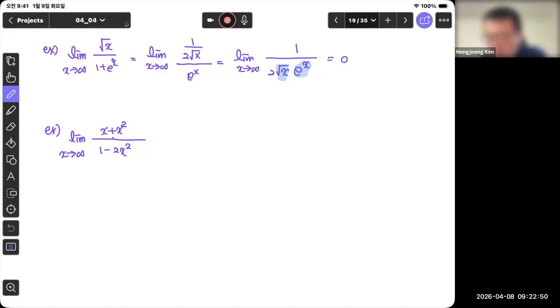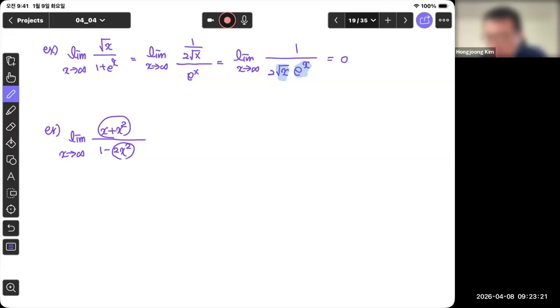So the numerator just increases to infinity. In the case of the denominator, 2x squared increases without bound, but since I have a negative in front, the denominator just decreases to negative infinity. But as I said, the sign doesn't matter. As long as the numerator and denominator both diverge to plus or minus infinity, you can apply the L'Hopital's rule.